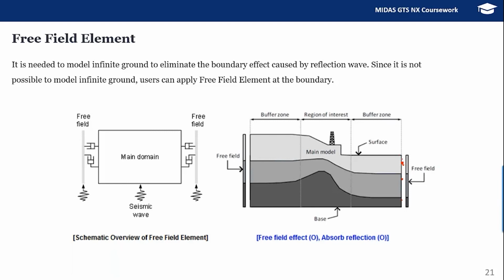But in the case of free field, we are simulating this infinite boundary condition by modeling your free field element in the dynamic analysis. This will serve your purpose of eliminating the reflected waves, as well as creating an infinite boundary by propagating the waves through it. So this is our main purpose.